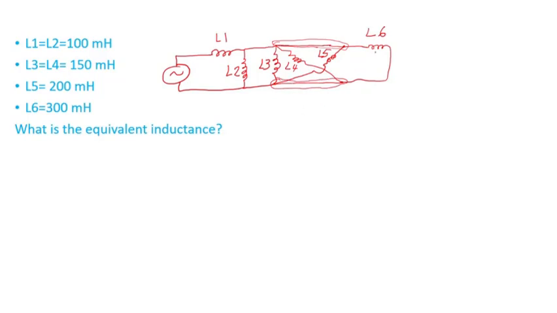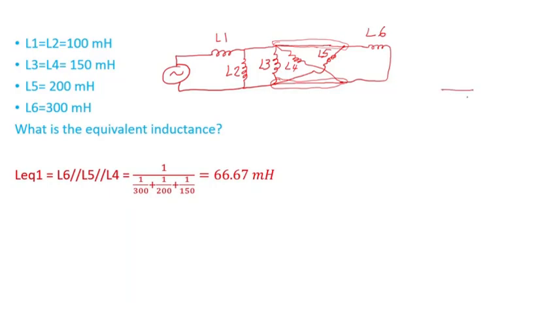What that means is L6, L5, and L4 and L3 are all in parallel. So what I'm going to do, I'm going to start from the right and work my way to the left. So L6 is in parallel with L5 and in parallel with L4.